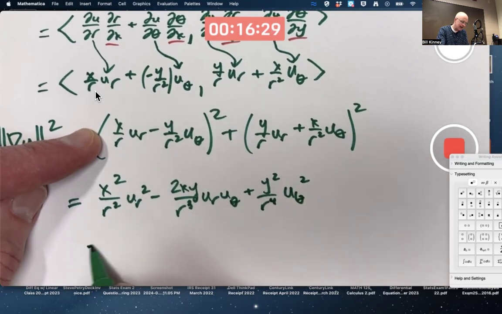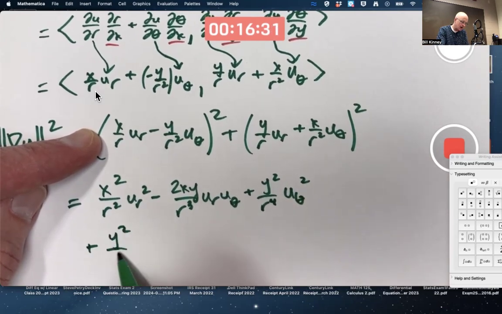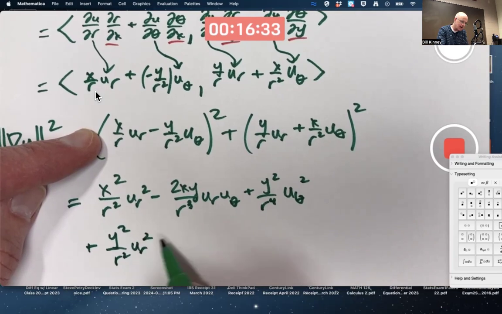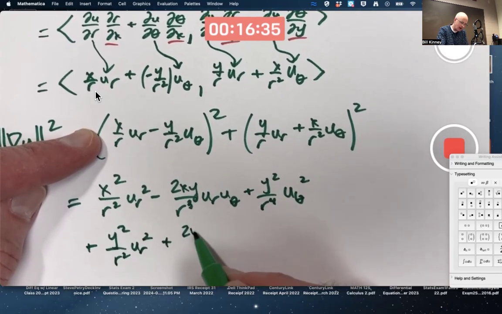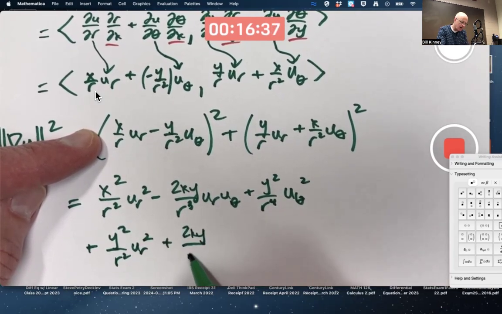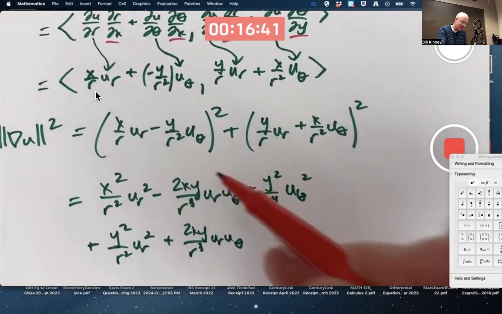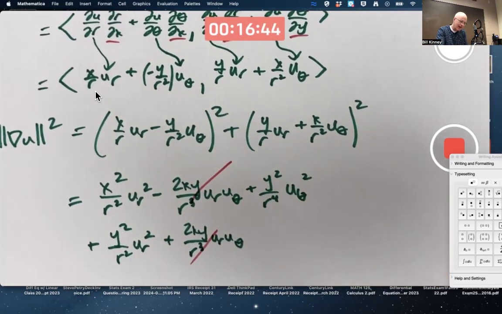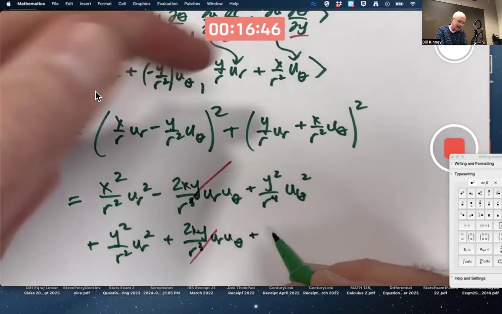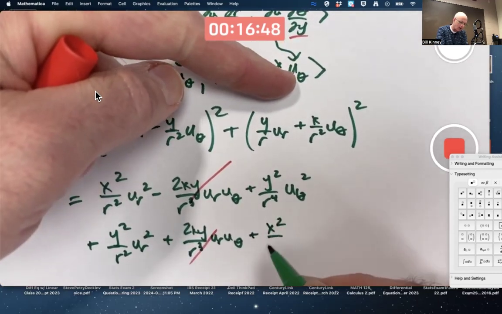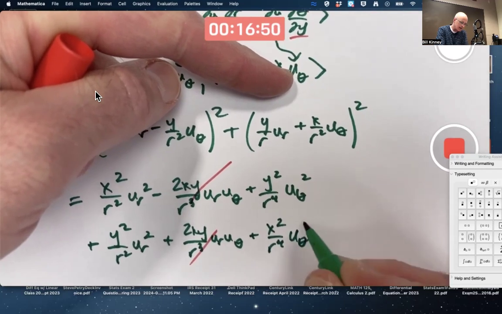Square this thing: y squared over r squared, U sub r squared, plus 2xy over r cubed, U sub r U sub theta. These are going to cancel. That's awesome. And then plus square this last one, x squared over r to the fourth, U sub theta squared.